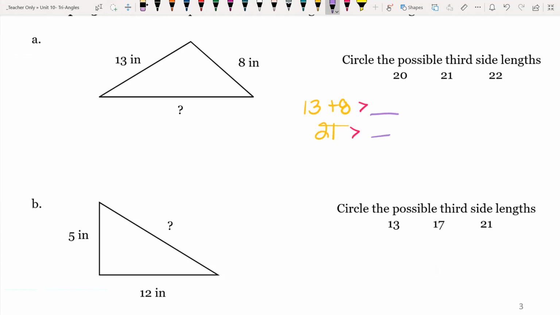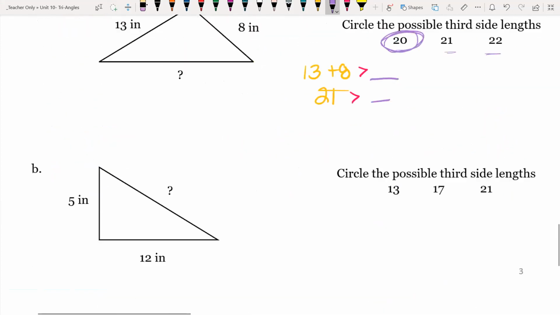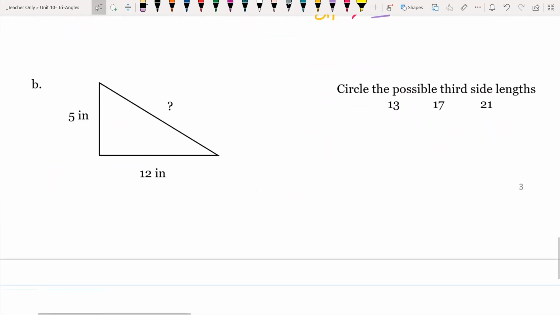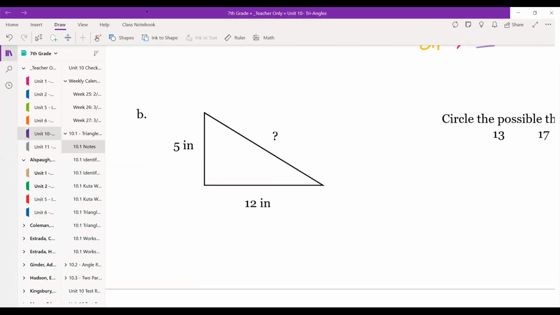So that means we want to pick a number that's smaller than 21. So in this case, it'll be 20, because we want the third side to be smaller than the other two. Okay, so I want you to try the last one on your own, and we'll check that in class next time we see each other.